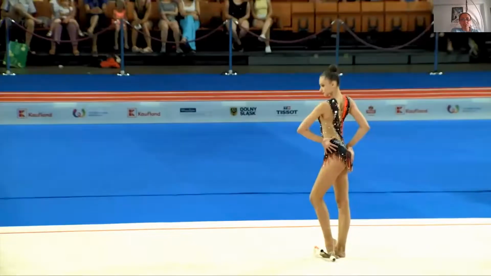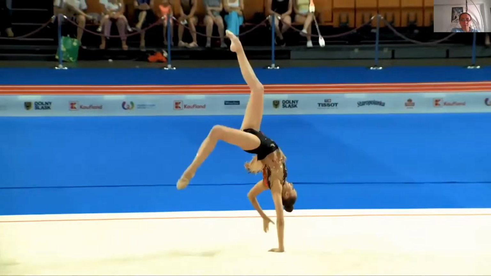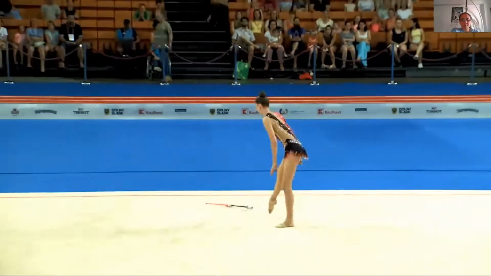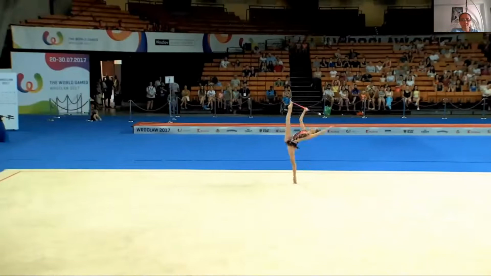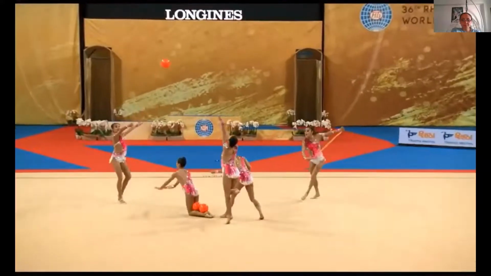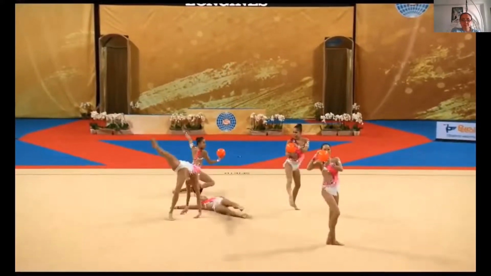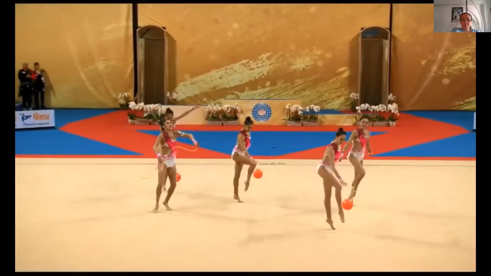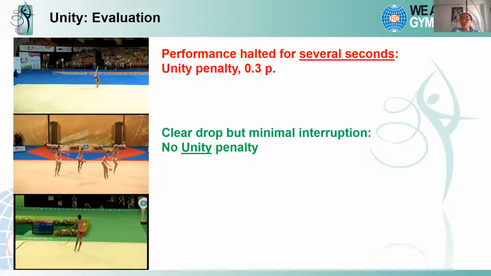Let's check the evaluation. She stopped the exercise for 1 or 2 seconds. Unity was broken, so penalty 0.3. Clear drop, but minimal interruption. The gymnast just went down to take the ball and went up. No unity penalty.